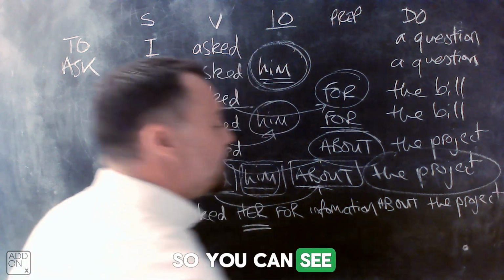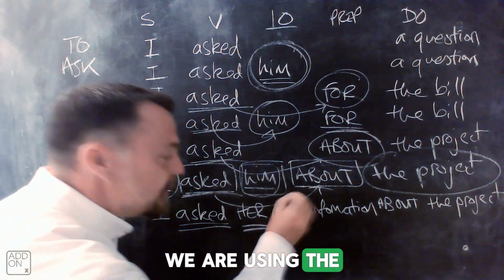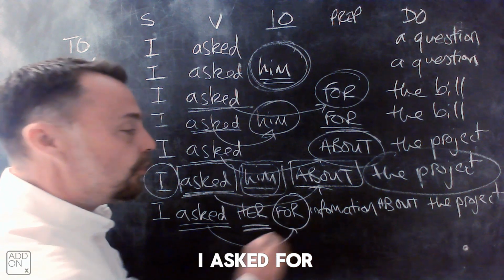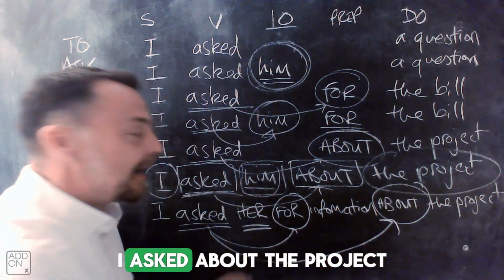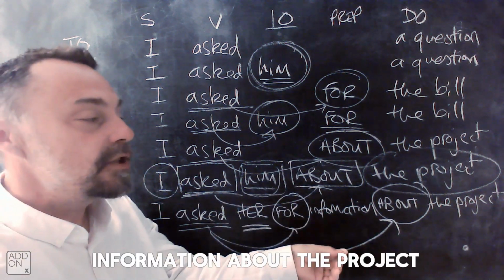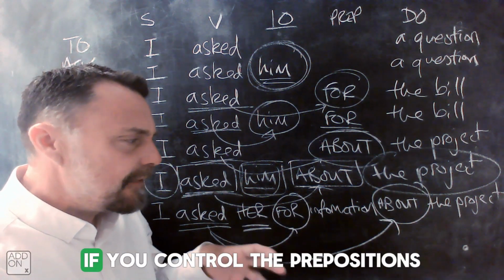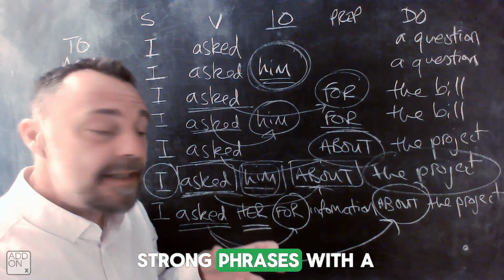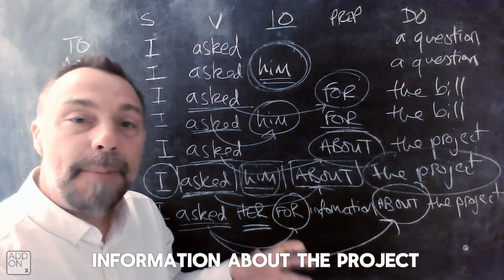So you can see we are using first the verb ask. We are using the preposition for because this is what we want. We want the information. I asked for, and then we are using the preposition about. I asked about the project. I asked her for information about the project. And you can see in English, if you control the prepositions, you can make very strong phrases with a good structure. I asked her for information about the project.